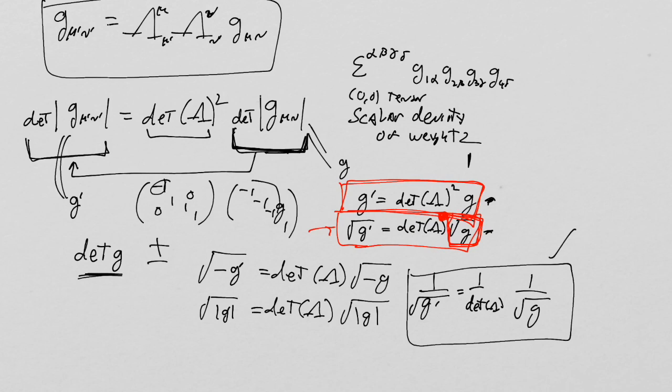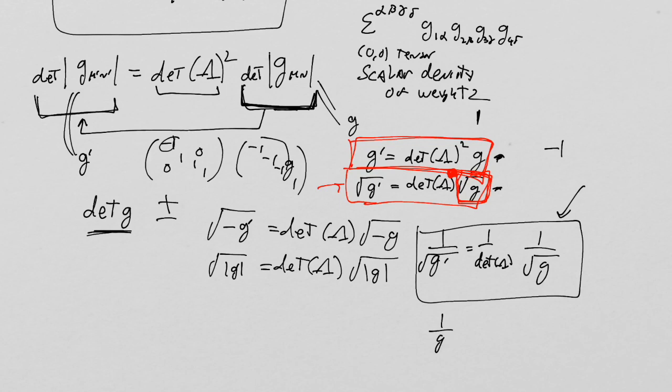We know that 1 over the square root of G transforms like a scalar density of weight minus 1. And likewise, 1 over G prime equals 1 over det lambda squared times 1 over G, and that has a weight of minus 2.